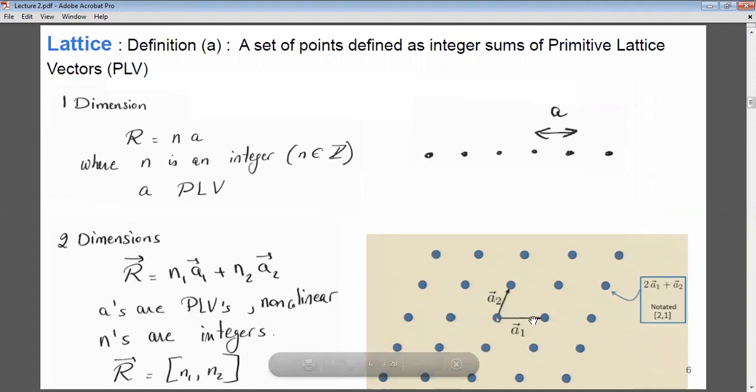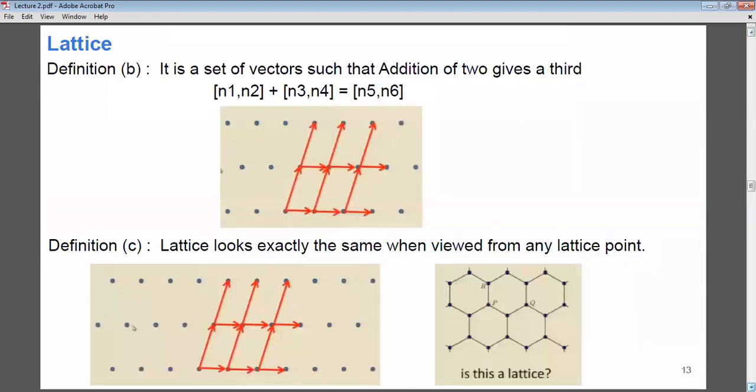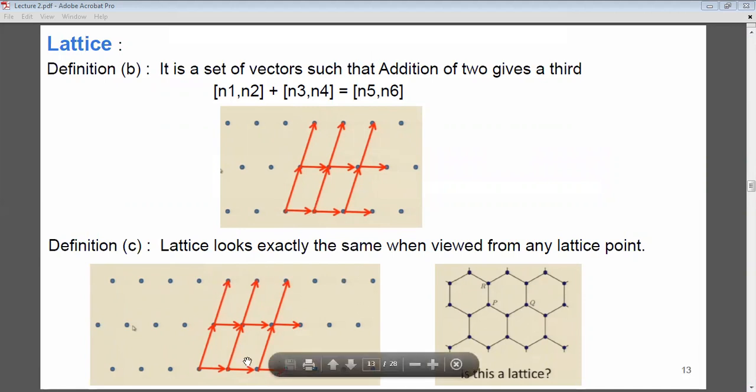This is not always easy to see, and this is why we have 2 other definitions. One definition which says that it's a set of vectors such that the addition of 2 gives a third. So if I take 2 vectors and add them, I get a third one, which reaches a lattice point. And the lattice looks exactly the same when viewed from any lattice point.